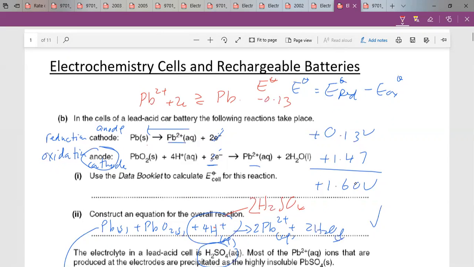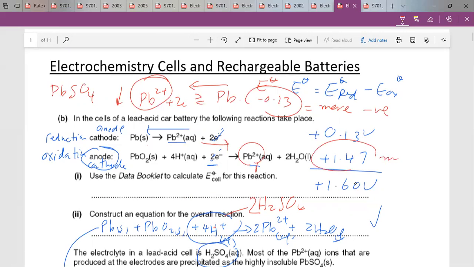Now, when this decreases because of PbSO4 forming, it will shift backwards. It means that it becomes more negative, which will make it more positive when you subtract. Now this one here, when you decrease it, you shift forward. It means this one becomes more positive.